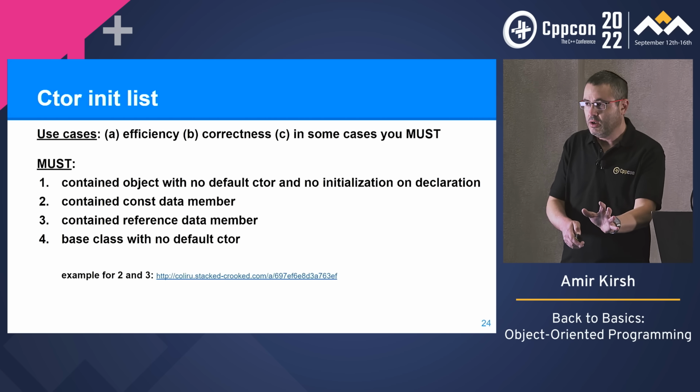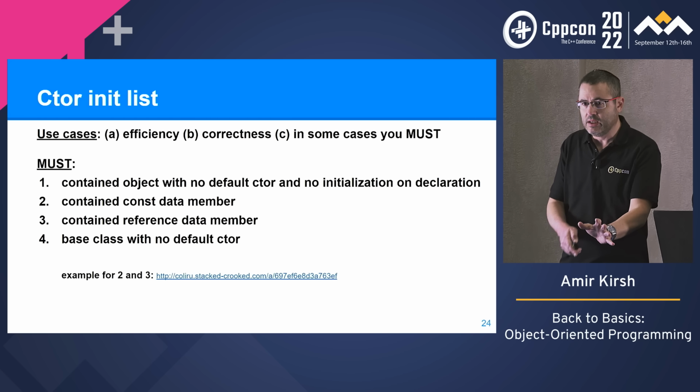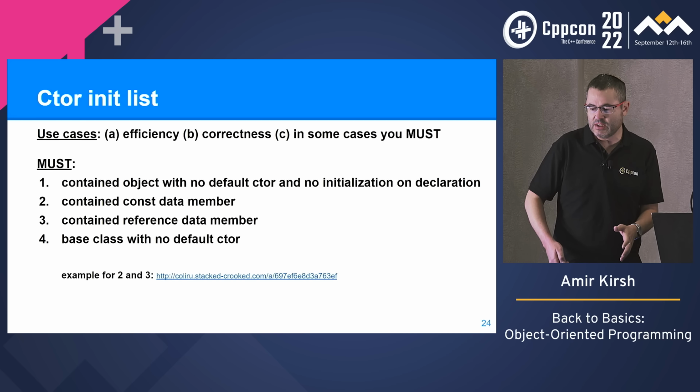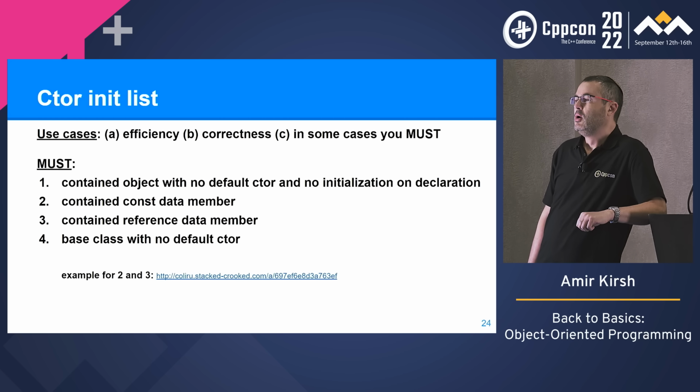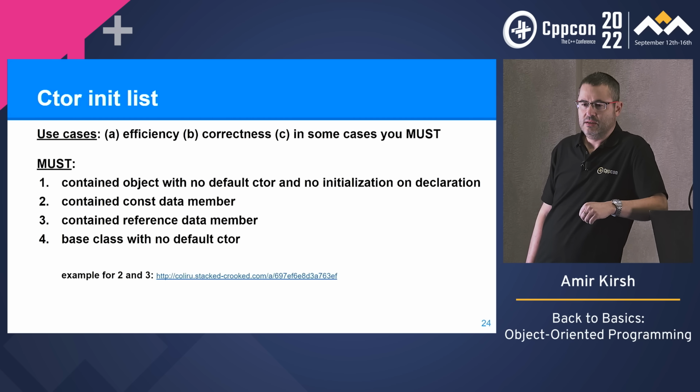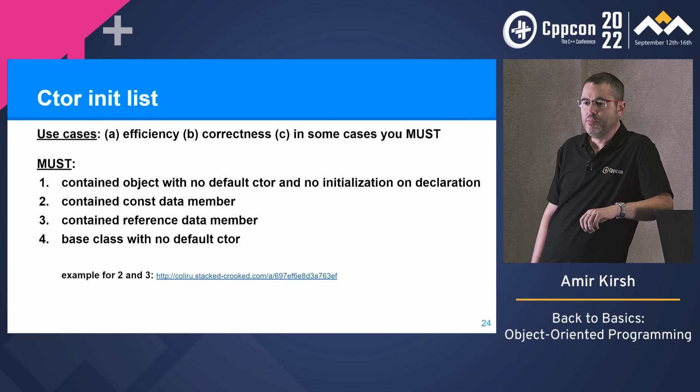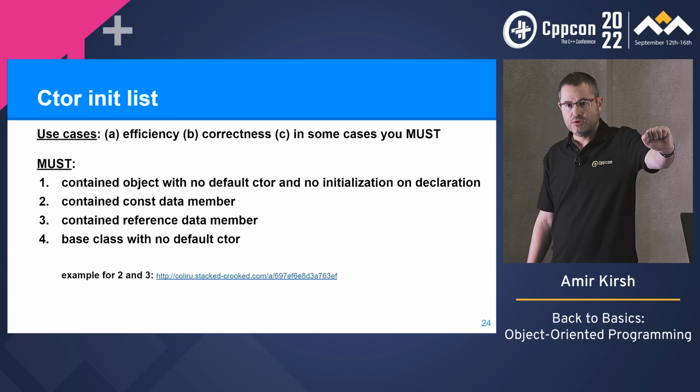Well, there are other reasons for using constructor initialization list, which are efficiency and correctness. Why efficiency? Because when something is being assigned inside the constructor body, it was born just before.